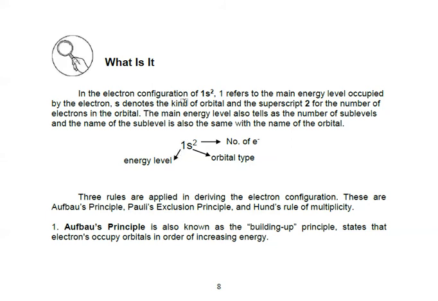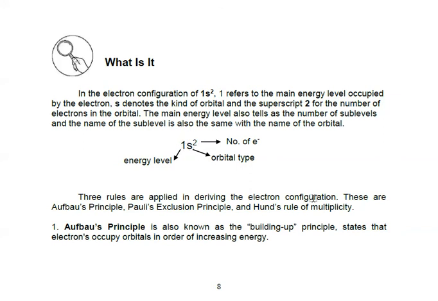S denotes the kind of orbital type, which is s, and the superscript 2 is the number of electrons. Now, it can also be 1s1, because like we said, the maximum number of electrons that can be found in each orbital is 2.